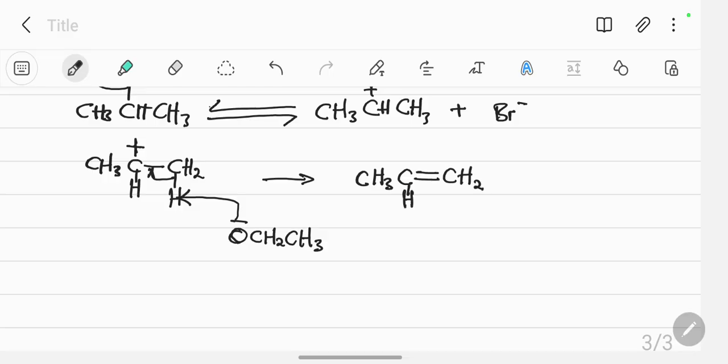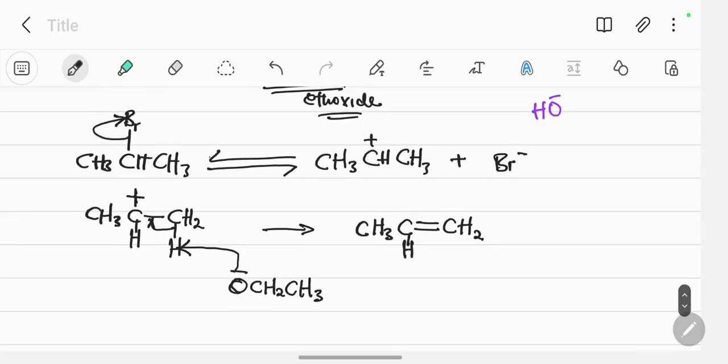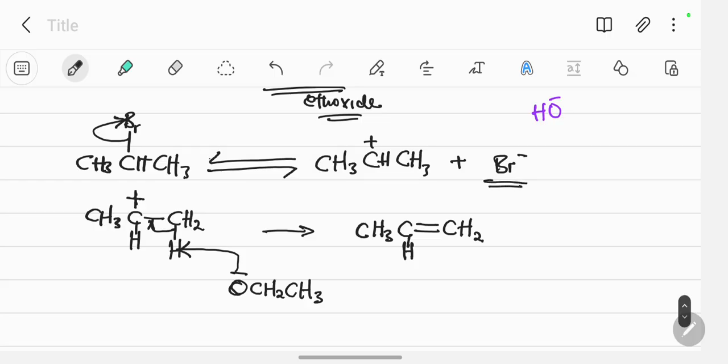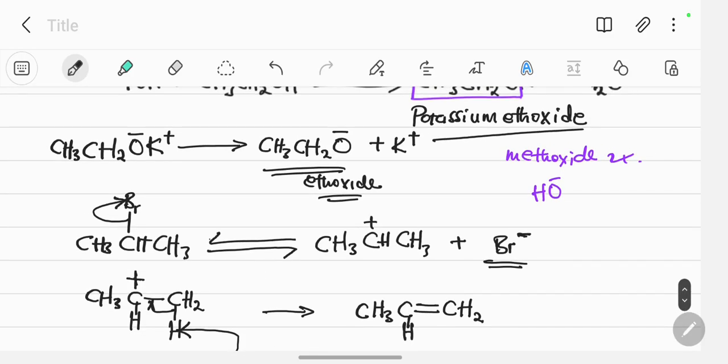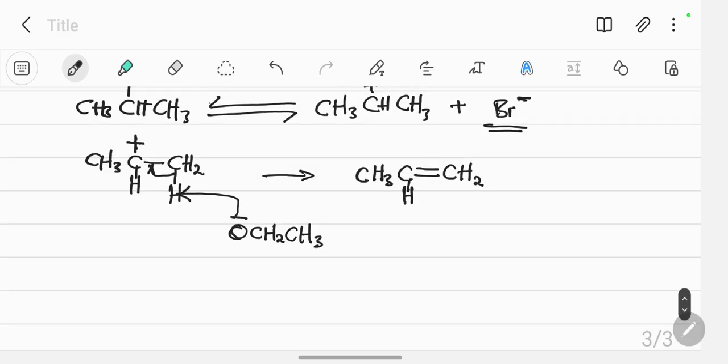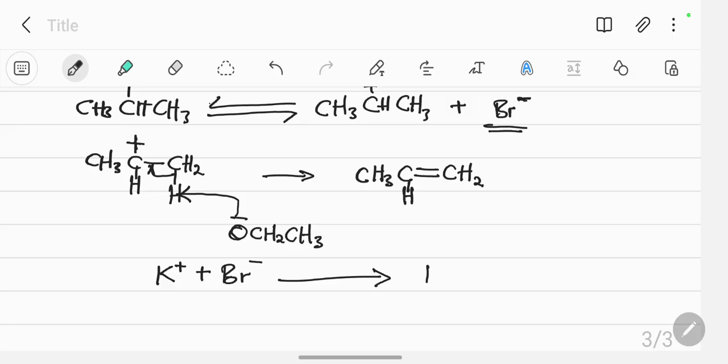Don't forget that hydrogen there. So that is it. After this, the bromide ion that has broken off is going to react with the potassium that was generated. So potassium ion plus the bromide ion, giving us potassium bromide, like that.